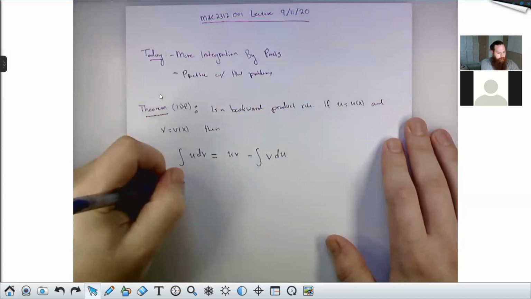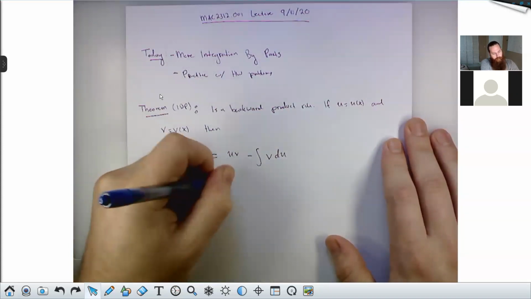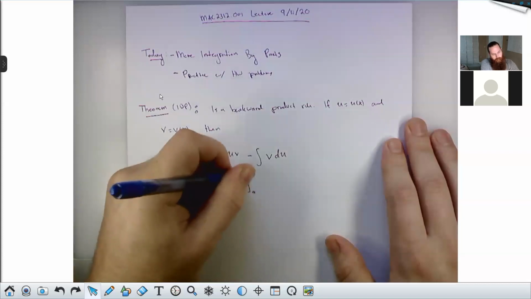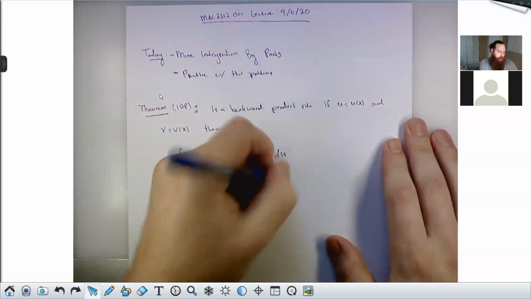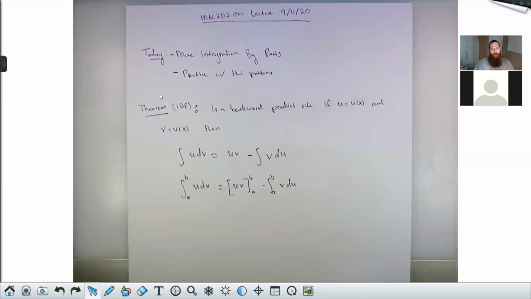And then there's the version of it that is for definite integrals. It really is the same thing. You just have to remember to evaluate all the pieces. All right, so this is your backwards product rule.